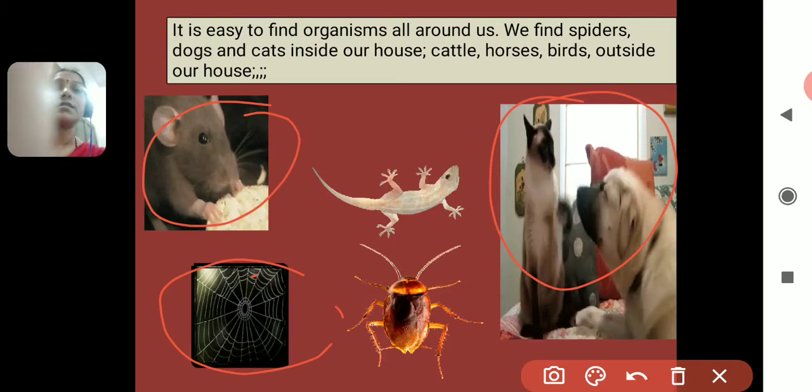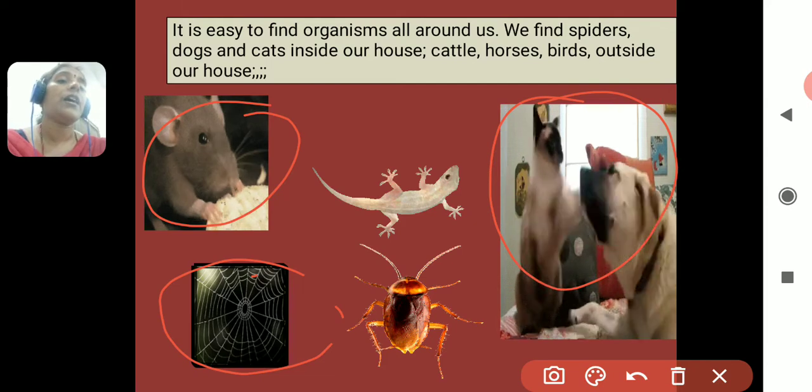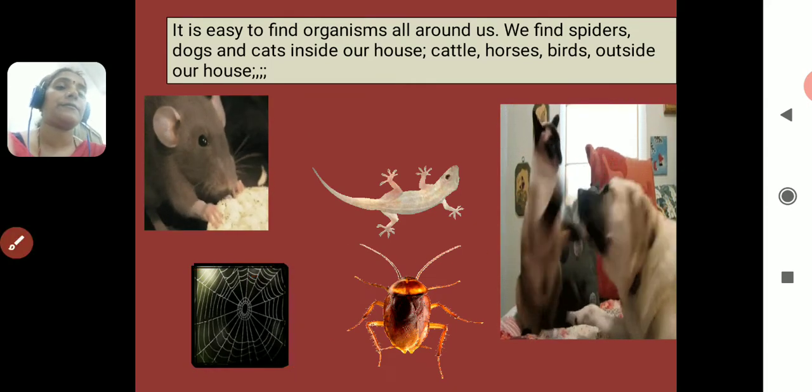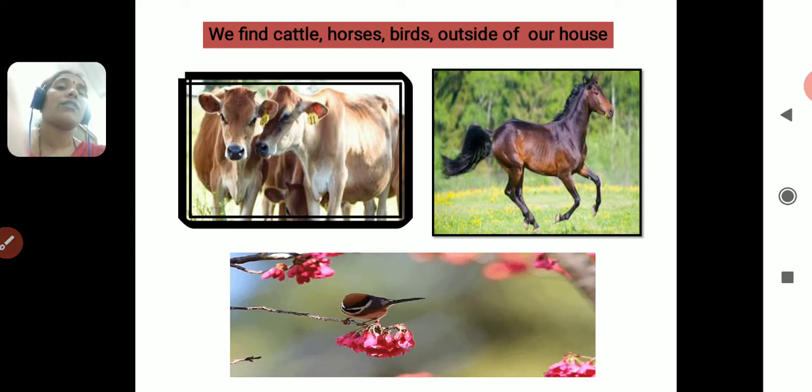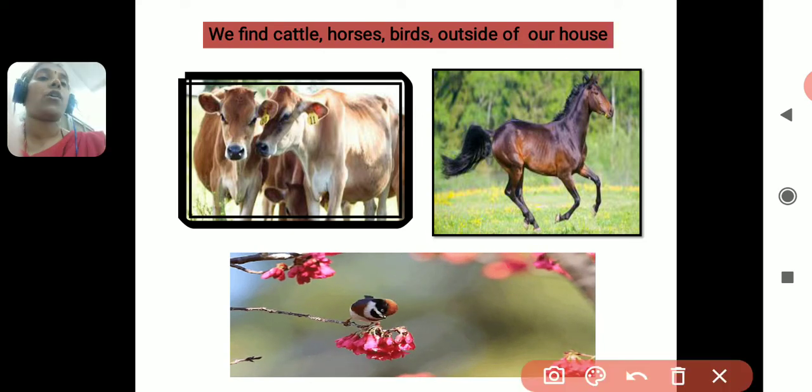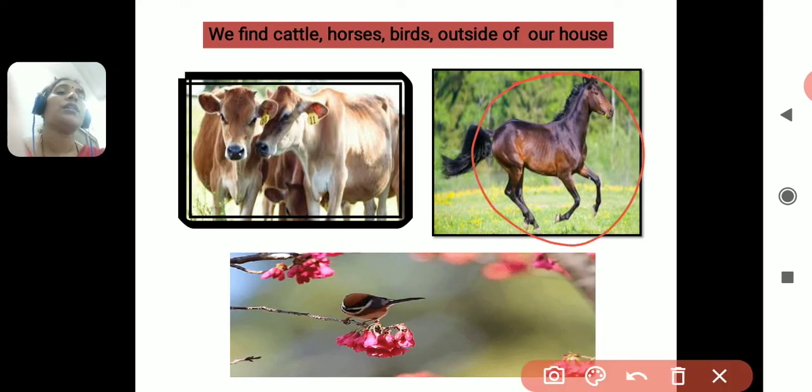Now let's observe the organisms which are found outside our house. Observe, students, cattle. They are found outside our houses. If we talk about horse, it is also found outside our houses or near our houses.